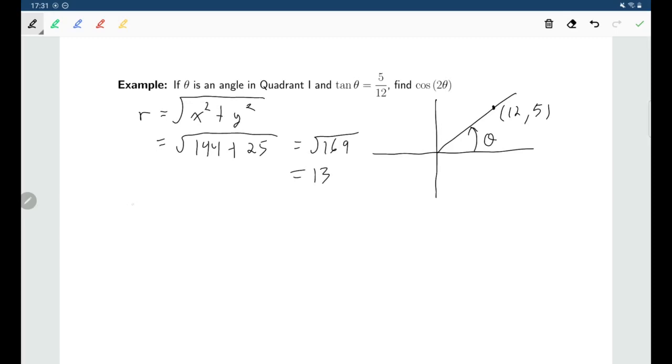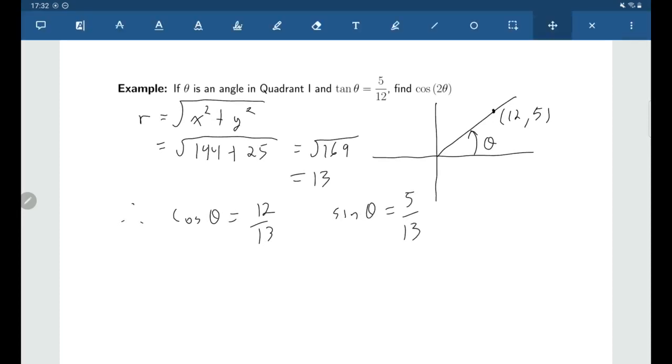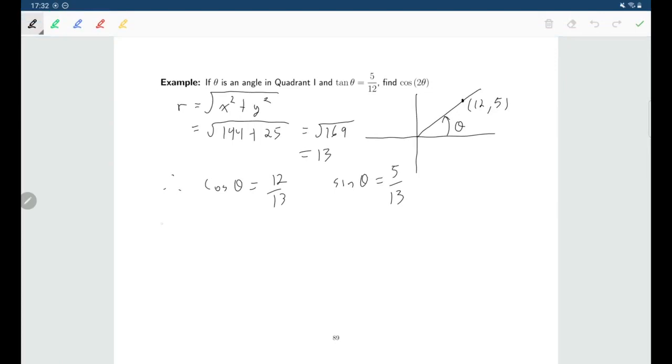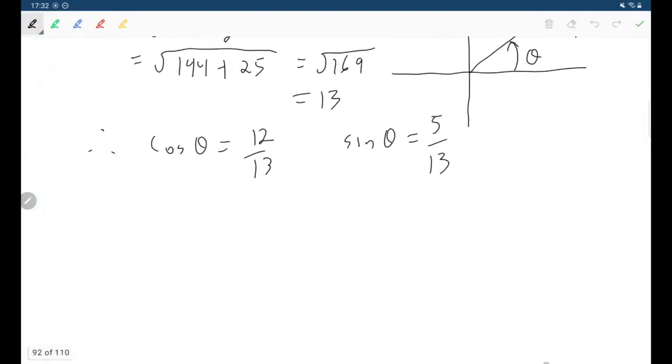And so we can say, great, good for us. That means that cosine of theta, that's x over r, that's 12/13. And sine theta, that's y over r, that's 5/13. And now that we know the value for cosine of theta and sine theta, we can use that to find the value of cosine 2 theta.